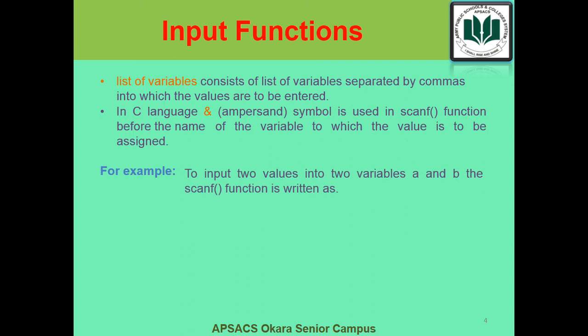For example, to input two values into two variables A and B, the scanf function is written as scanf("%d%d", &A, &B). These are the variables with the ampersand sign, and %d are the format specifiers that we have used.